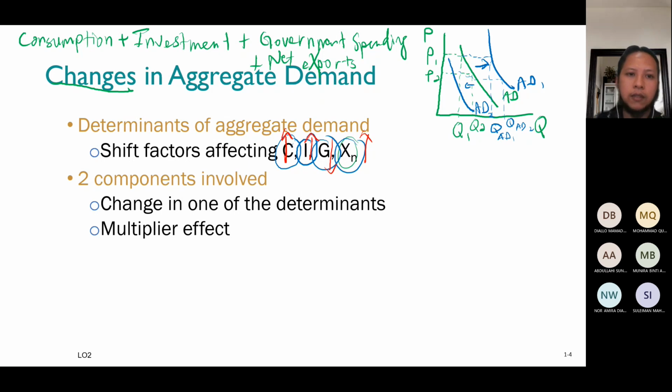So an initial change in, for example, let's say we take C first. Let's say the reasons for C, consumption, changing. It can be an increase in income or increase in wealth.